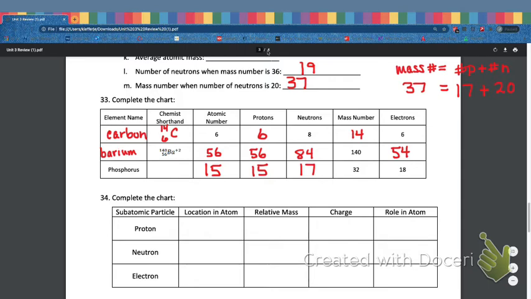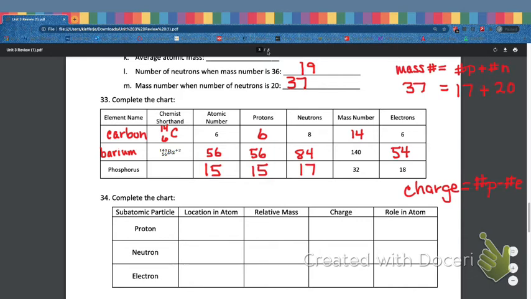I've got 18 electrons and 15 protons. And remember, my charge equals the number of protons minus the number of electrons, okay? So my charge is going to be -3.